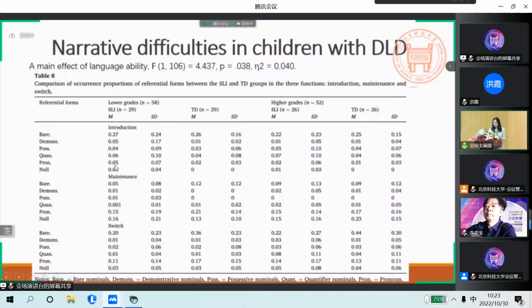So this is the further analysis on the referential cohesion devices. We analyzed three functions: introduction, maintenance, and switch, and we found significant differences between DLD and TD children on all three dimensions: introduction, maintenance, and switch.